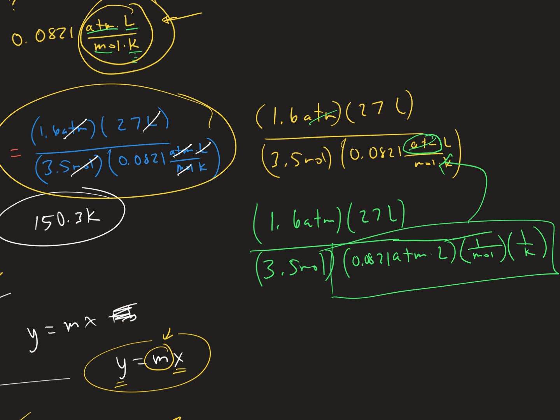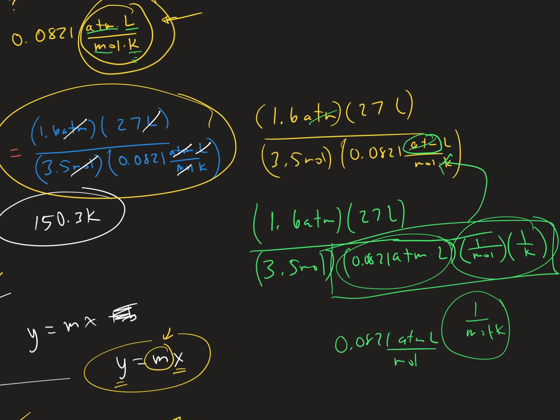No? So if we're just looking at this, we can multiply these fractions and we get 1 over mole times Kelvin, right? You with me? These two right here. Okay, and then if we multiply this by this, we're going to get 0.0821 ATM liters over mole Kelvin.